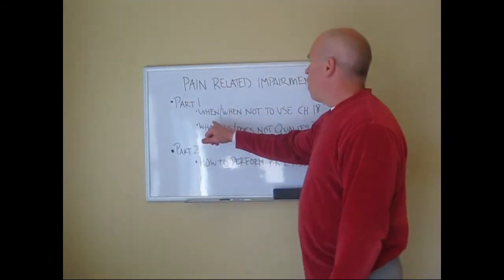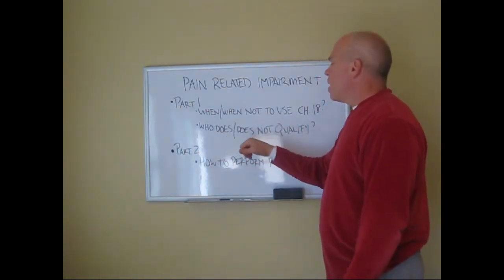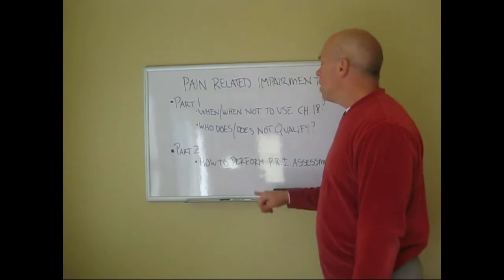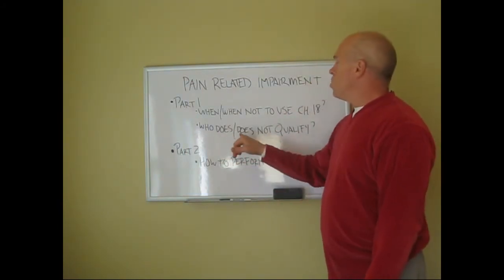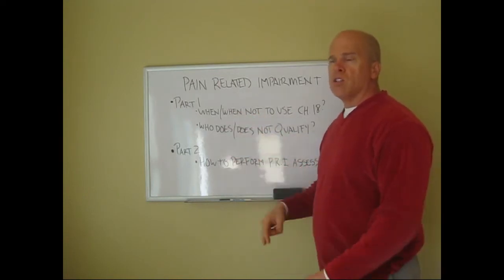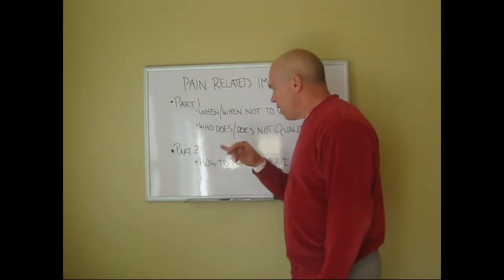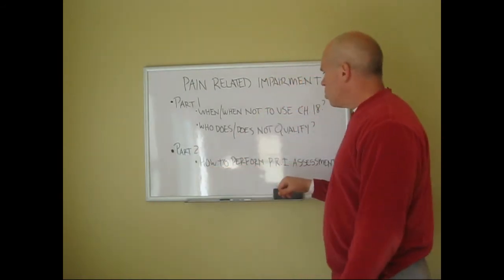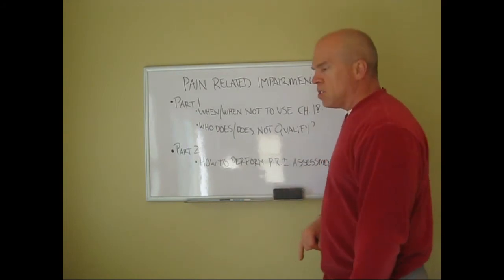So we talked about when to use and when not to use Chapter 18, and then we talked about who does and who does not qualify for additional impairment related to pain. We'll touch a little bit on these topics as a review in today's video, which is part 2. Today, we're going to talk about actually how to perform the pain-related impairment assessment.